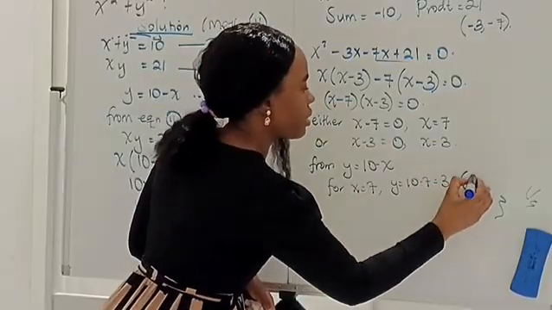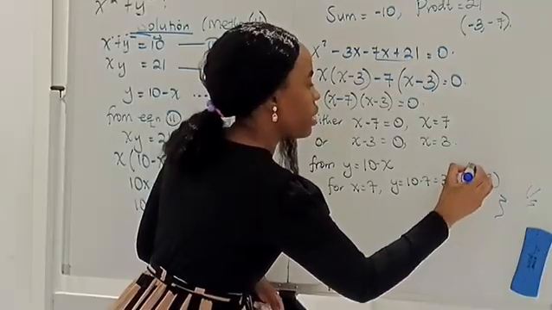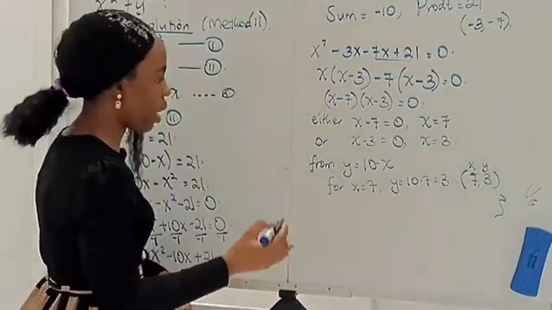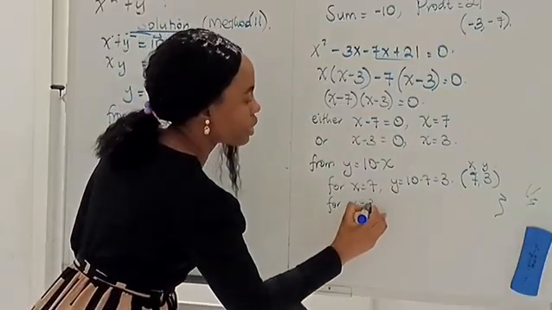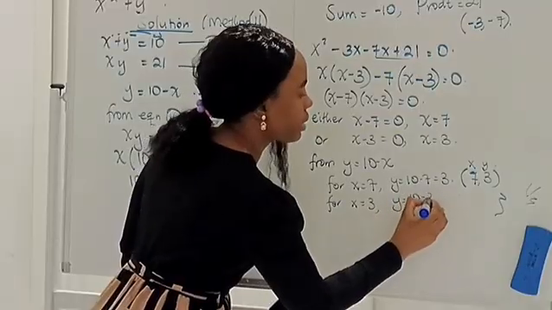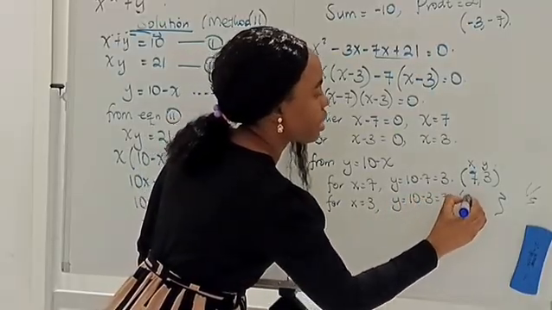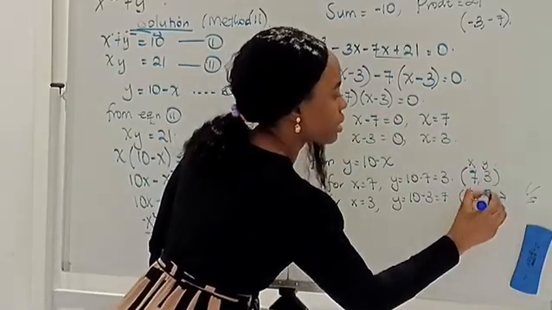So we have that 7 and 3, this being your x and this being your y. For x being equal to 3, your y is equal to 10 minus 3, which is 7. There we have 3 and 7.